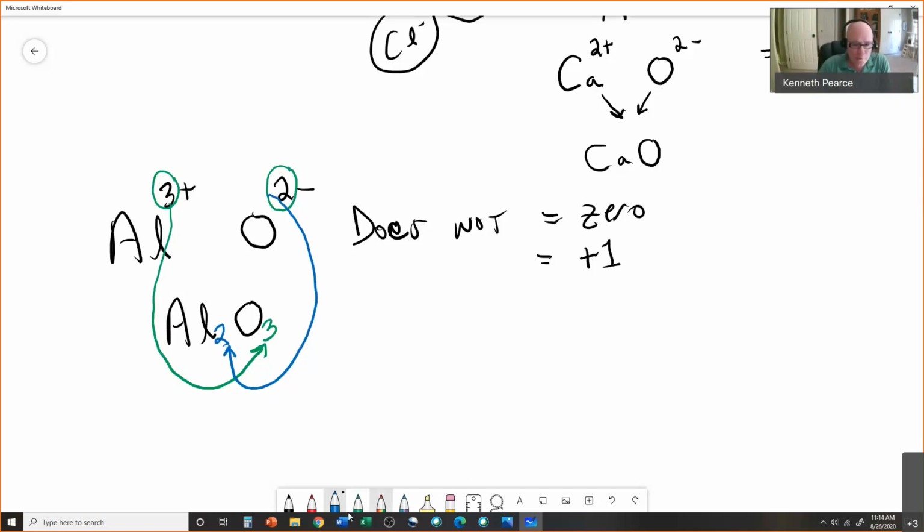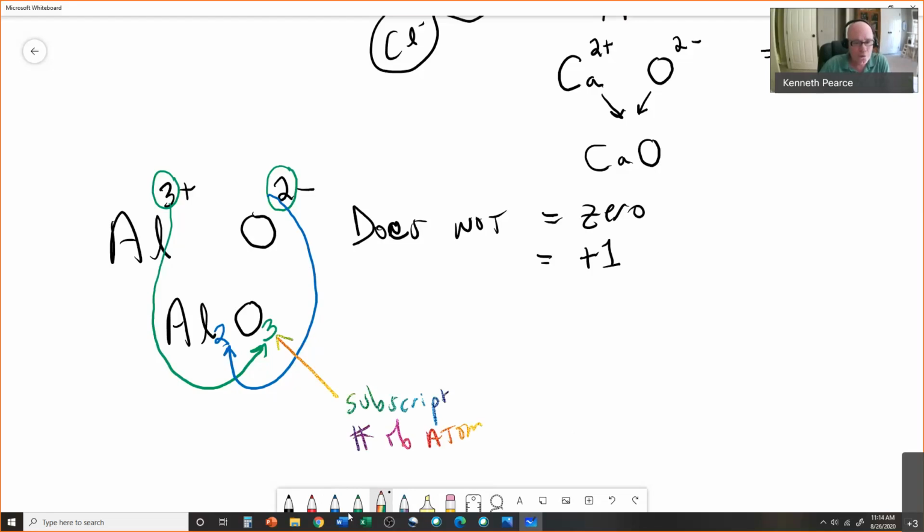Notice that this is a subscript, and it needs to be low and to the right. And this is a subscript. It represents the number of the atom. So that subscript 3 means 3 oxygens.